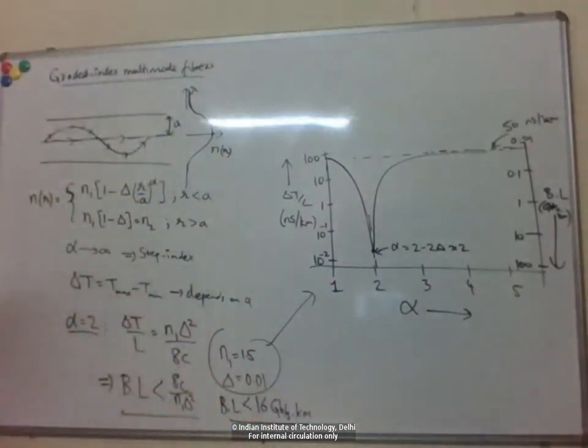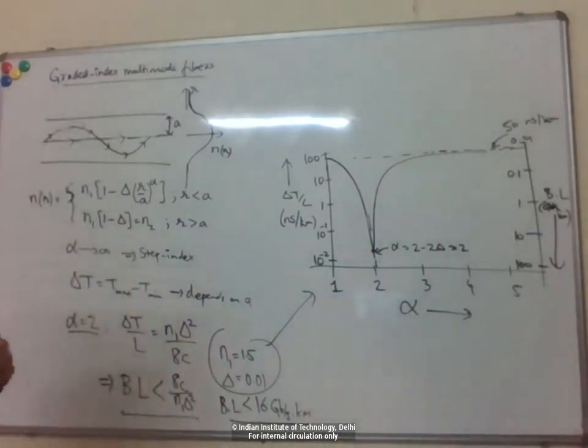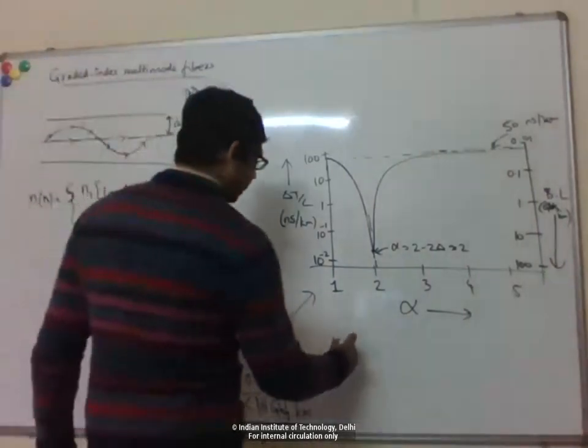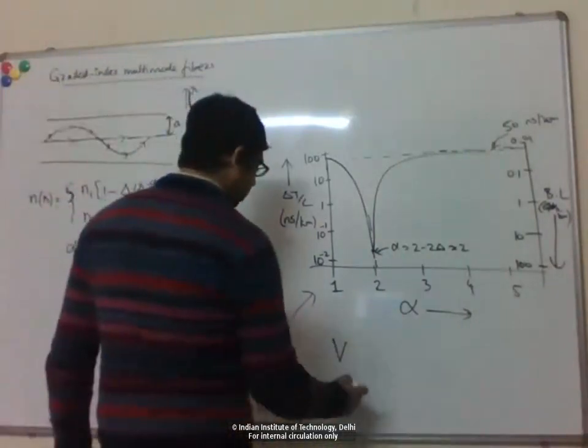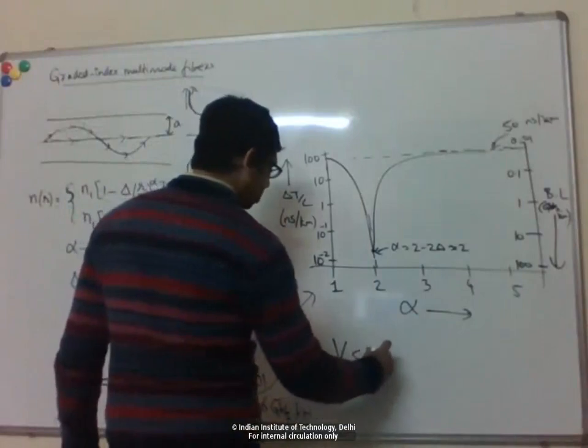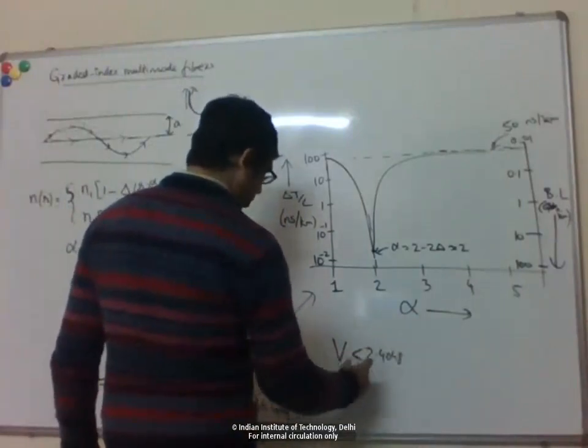So then one had to go towards single mode fibers, where basically you eliminate this intermodal dispersion altogether, right? So again, recall this V number is what characterizes how many modes there are in the fiber, and if this V number is less than 2.405, then you have a single mode fiber, right?